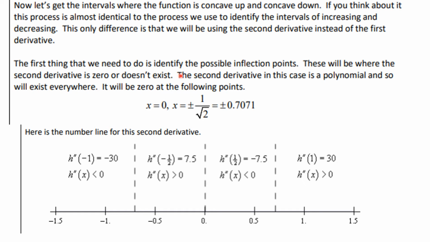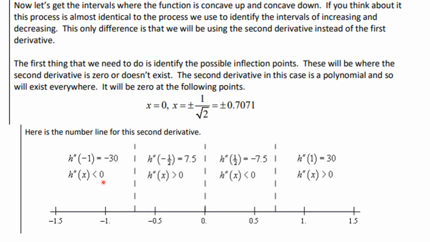So we set the expression that we have for the second derivative equal to 0. And again, these possible inflection points are going to be places where the second derivative is 0 or does not exist. The second derivative in this case is a polynomial, so it'll exist everywhere. And if we set it equal to 0, we find that there are, again, 3 solutions.